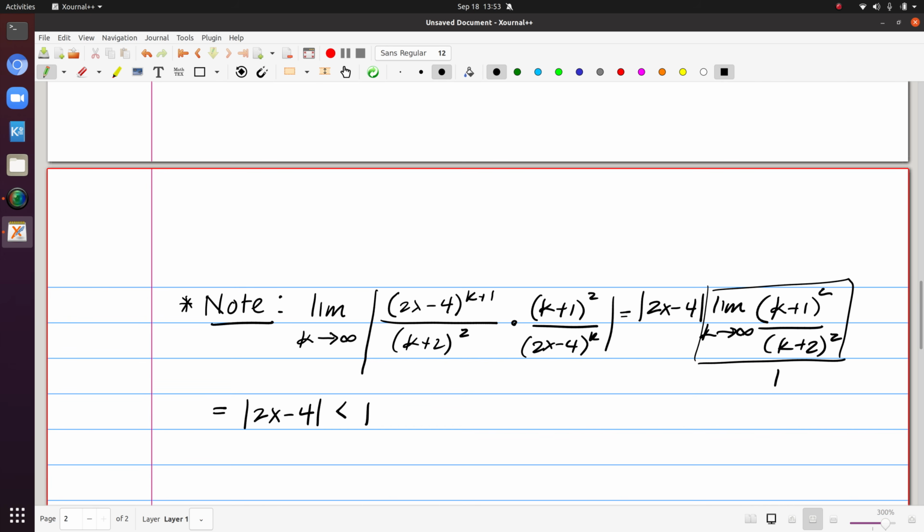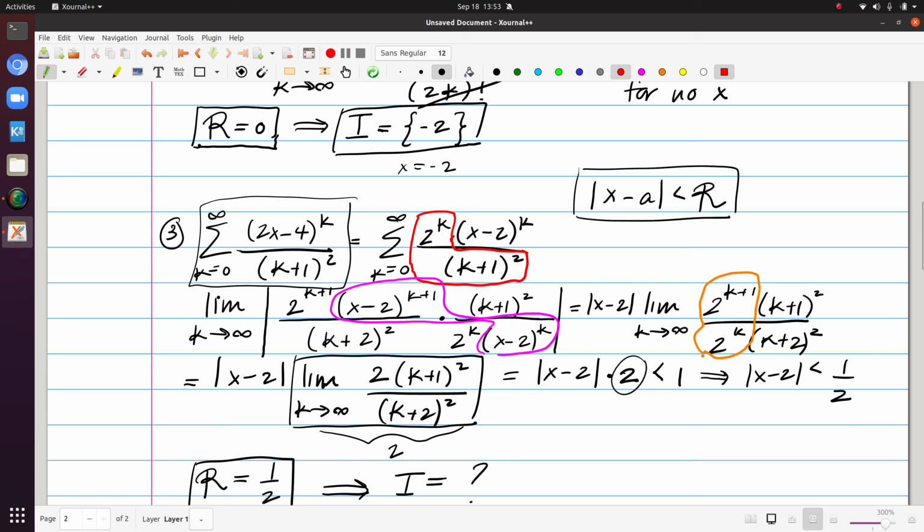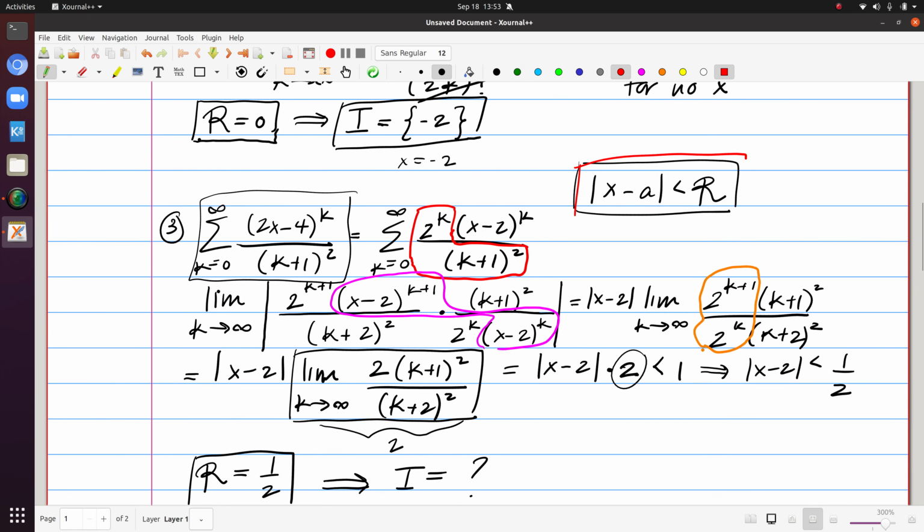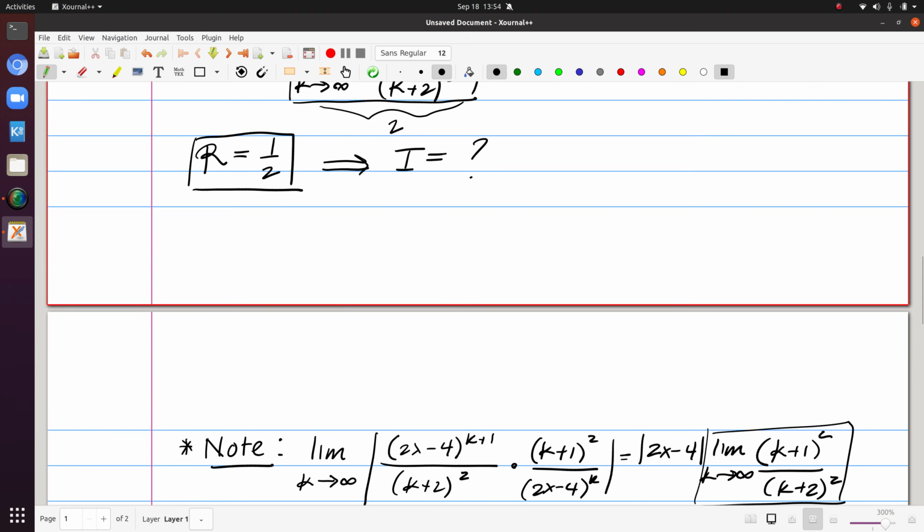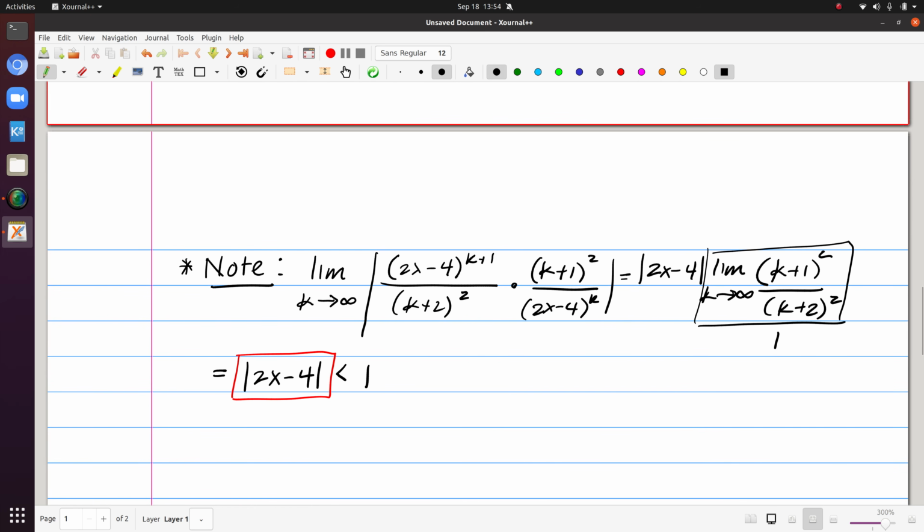But we're not done, because this here is not of the form of the absolute value of x minus a. I'm referring again to the significance of the radius. The radius is what sits on the right-hand side when you've reduced the left-hand side to the absolute value of x minus a. We can still get there, so we just need to know that we're not done.